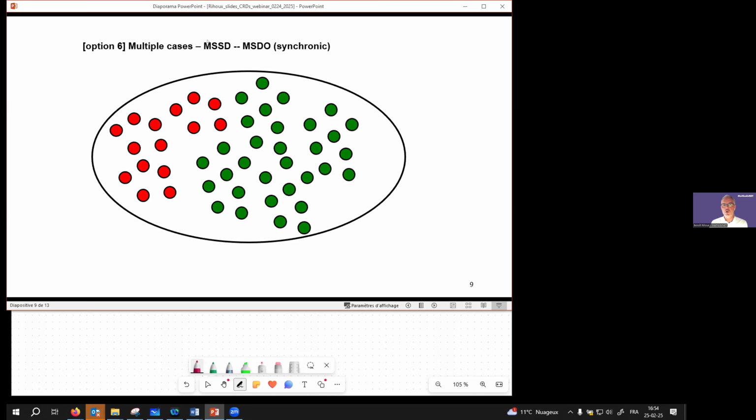This is also called an MSSD design, most similar systems design. Each one of these countries is part of the EU, shares a number of features in their legal system, and yet, in spite of these similarities, in spite of being part of the EU and having developed also the procedures, they are successful or not. And here is the puzzle.